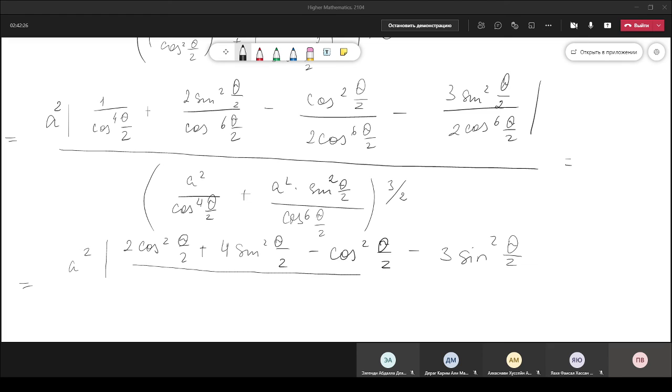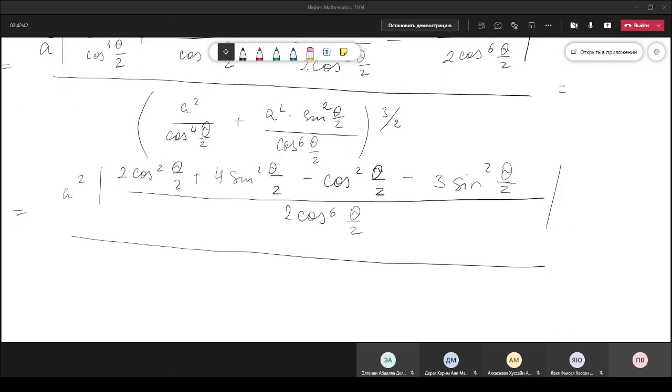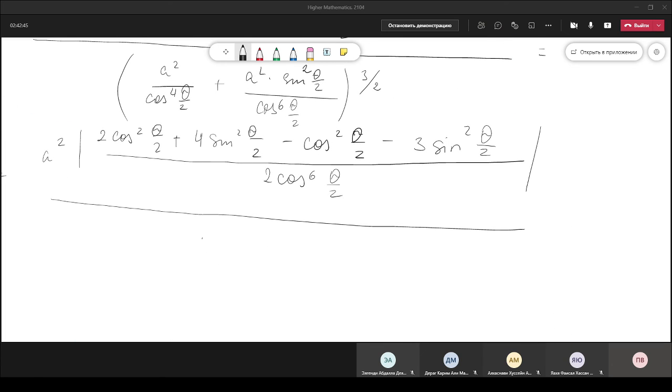All this over 2 cosine to the power of 6 theta over 2, over a squared times cosine theta over 2 plus sine theta over 2, over cosine with power 6. Right?